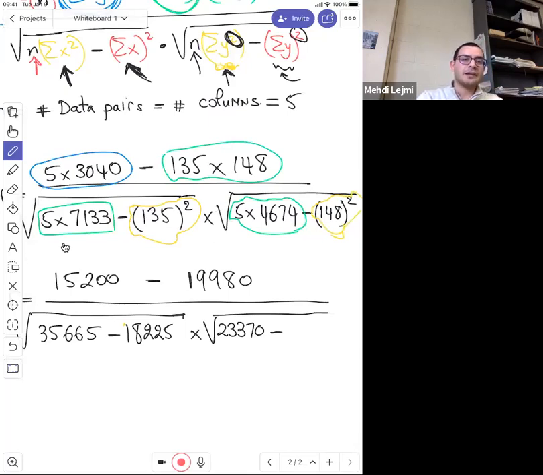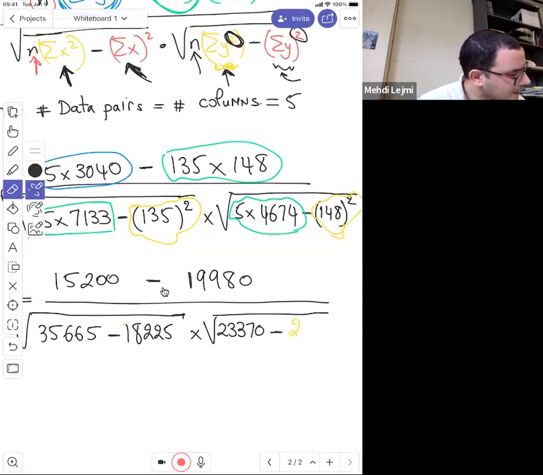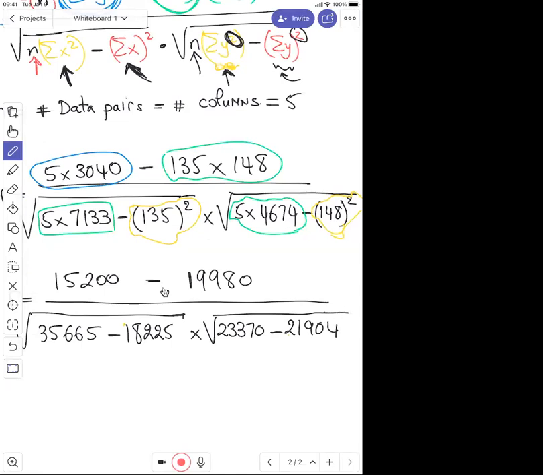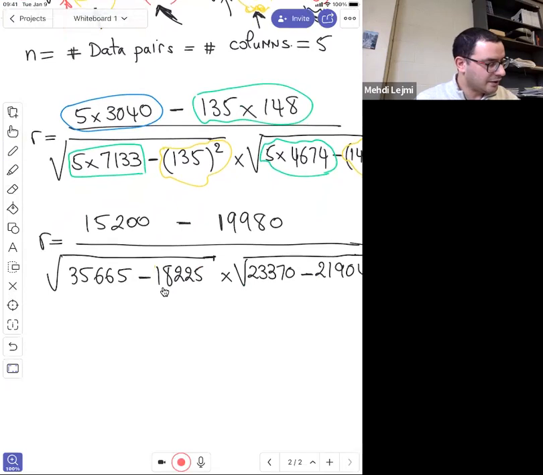That's 148 times 148. If you don't know how to do the square with your calculator, you can just multiply 148 by 148. So that's equal to 21,904. Okay, we are not done yet.